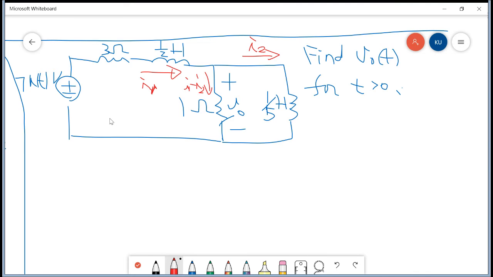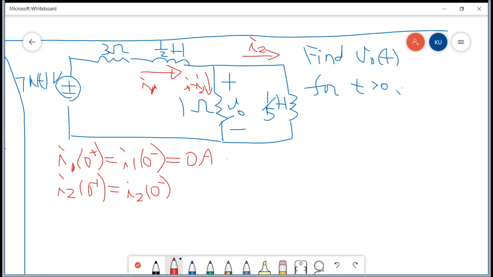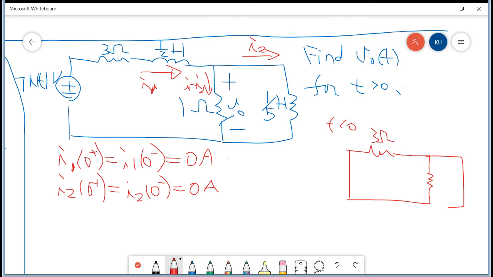I1(0 plus) will be I1(0 minus), which is 0 A. I2(0 plus) likewise would be 0 A, because for t smaller than 0, the circuit will simply look like this.